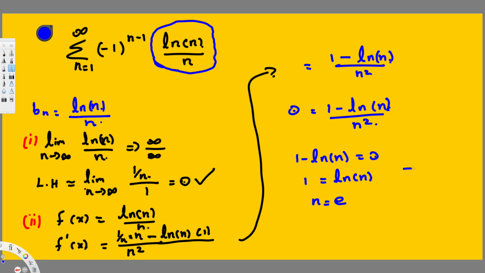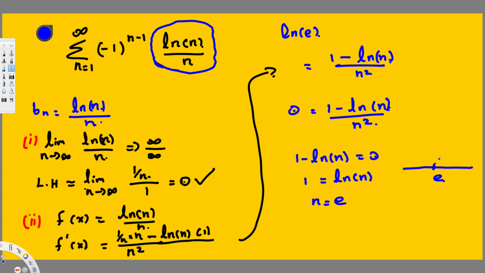Let's draw that graph and check the values. Here we have e, and ln e is going to be 1. After that e value, the derivative is going to be negative, because 1 minus a bigger value gives us a negative value.